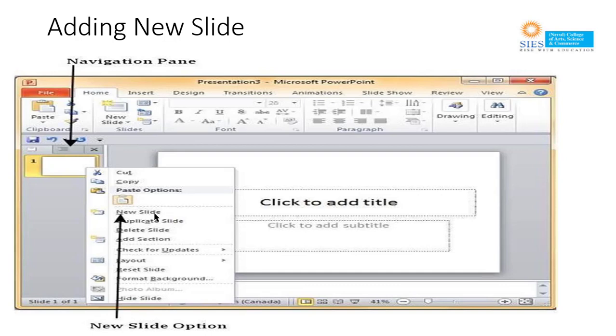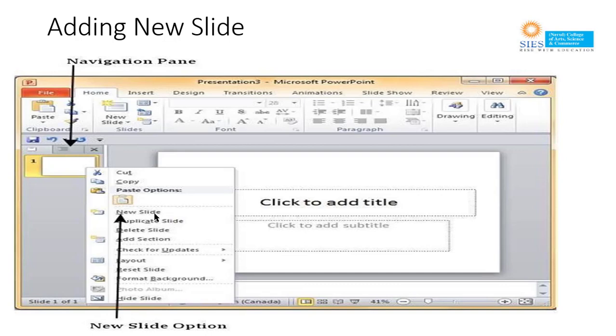When we insert a new slide, it inherits the layout of its previous slide, with one exception: if you are inserting a new slide after the first slide. Okay, the subsequent slide will have the title and content layout.